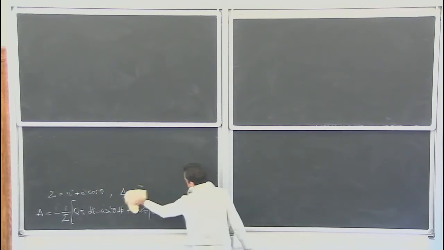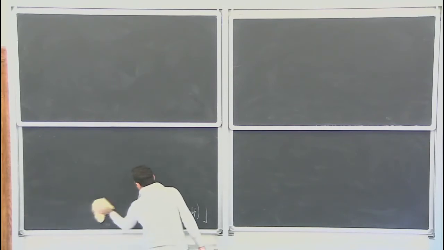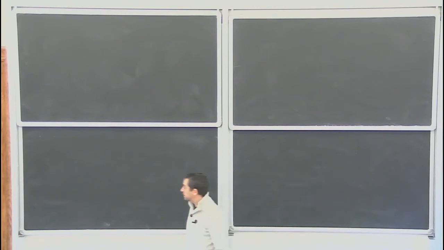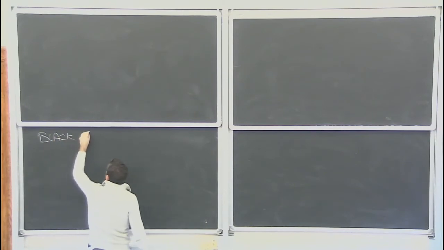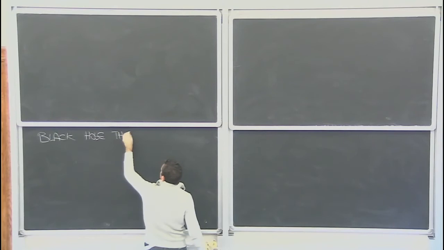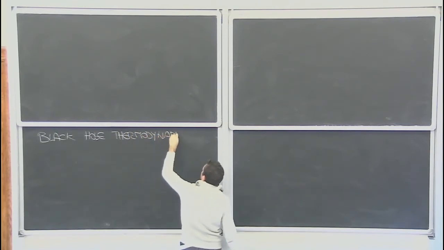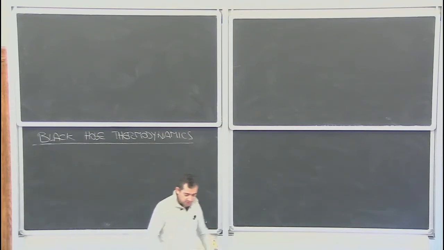Well, the first question that was asked apparently by Wheeler to his student Bekenstein was the following. So this is a new chapter of the lectures.